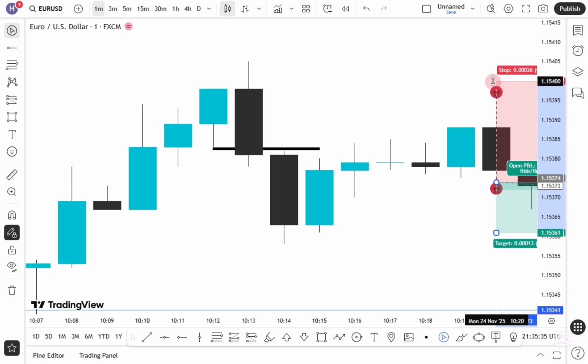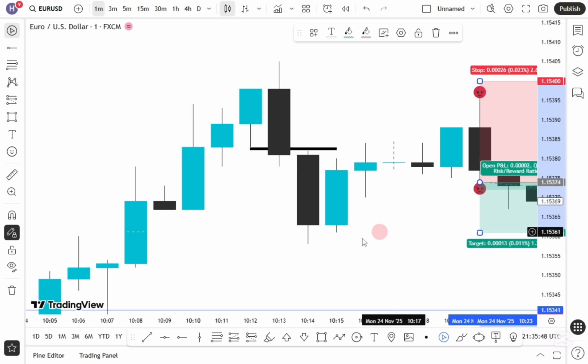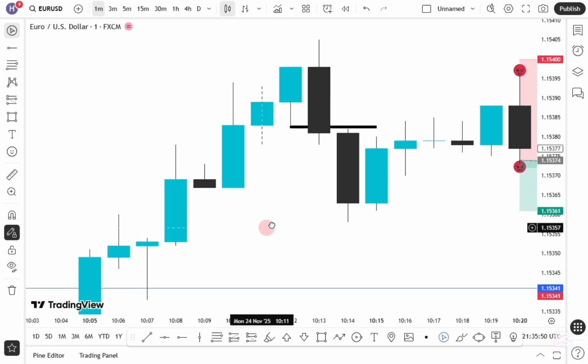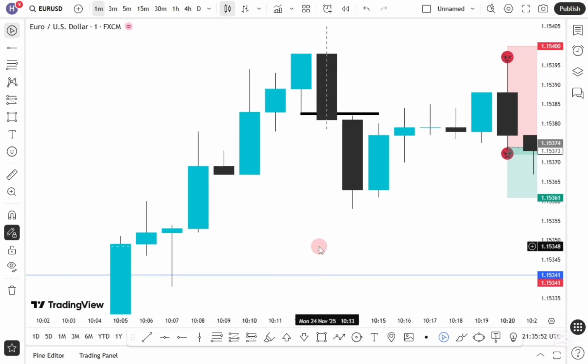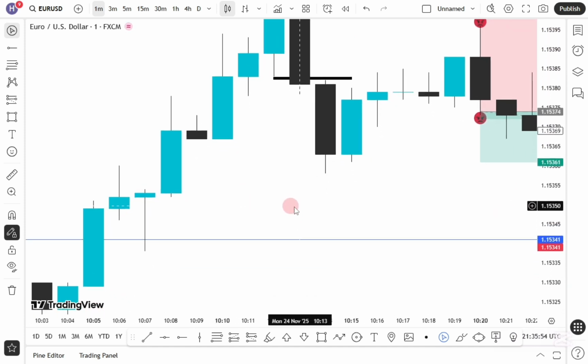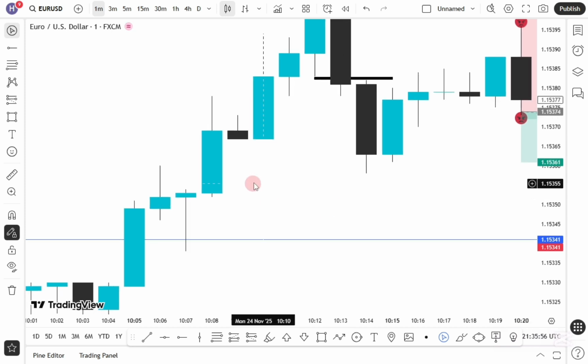That's my stop loss. Then where exactly should my take profit be? Like I said, the previous fair value gap backward. So let's zoom in. Okay, I think we have this fair value gap being closed by this.